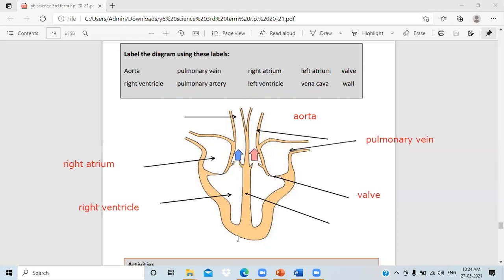And what about the part that divides the heart into two halves? It's not written here. Septum, okay? What about this one? This is the entrance of the blood into the right side of your heart. And this is the exit. So what should we call this?